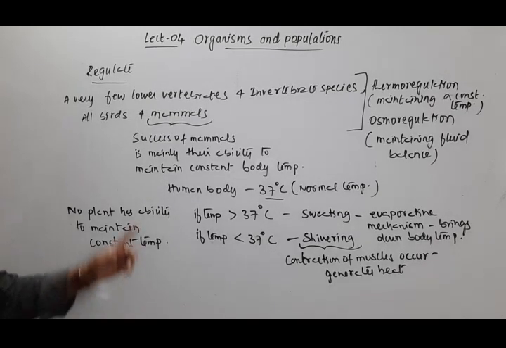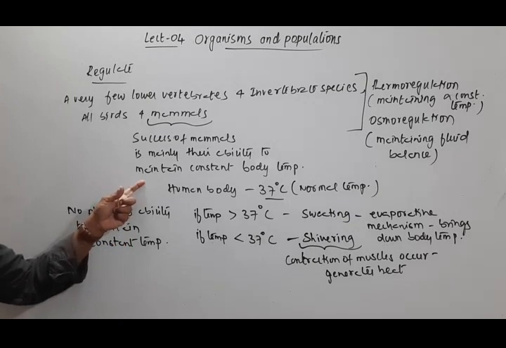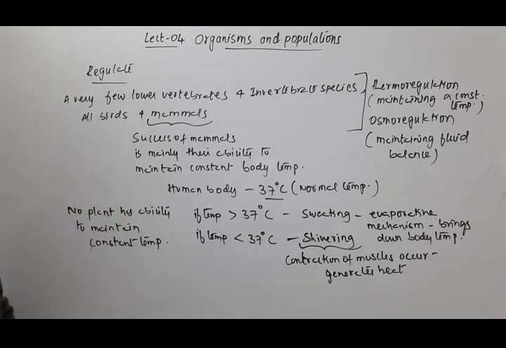I told you that the mammals' success is mainly their ability to maintain constant body temperature. Hence we find them almost all over the planet, right from the North Pole to the South Pole.